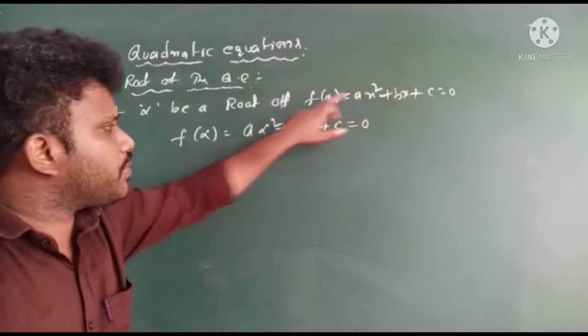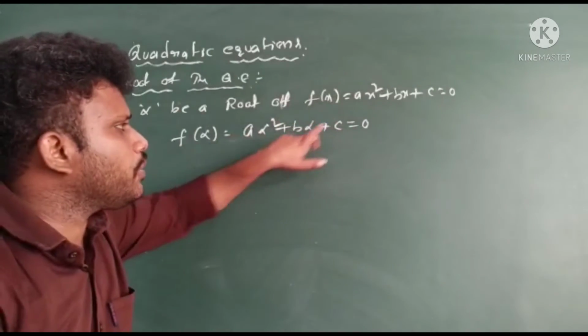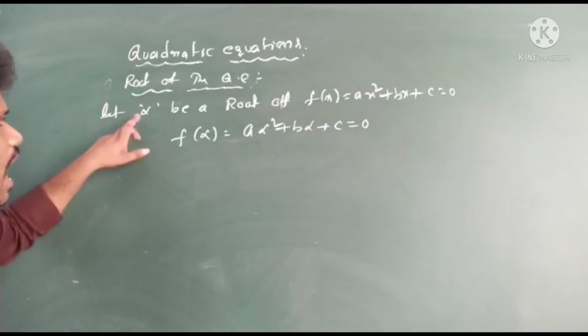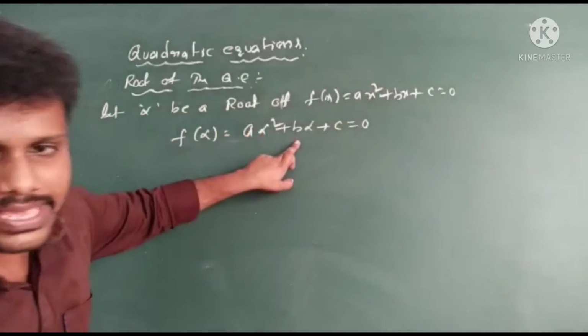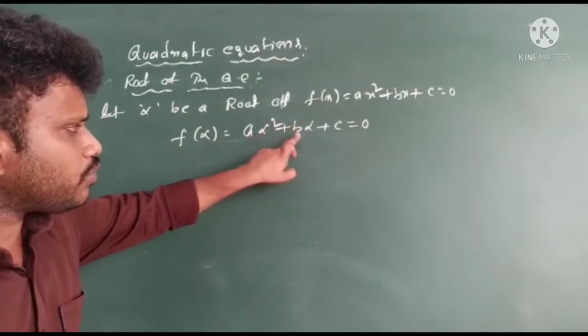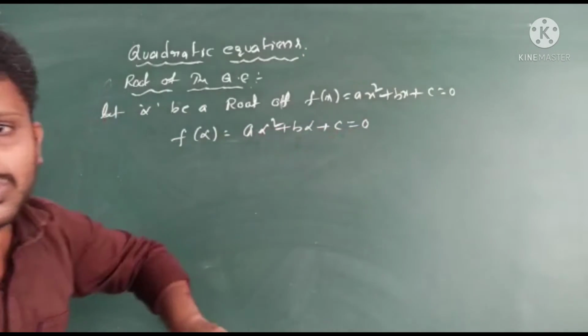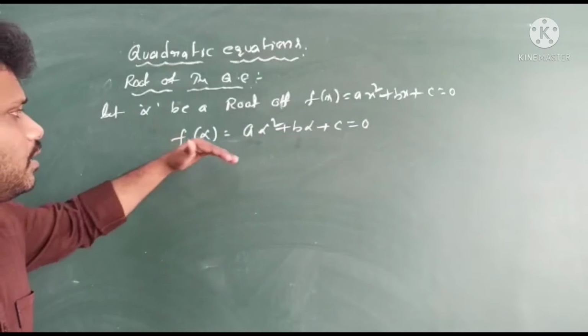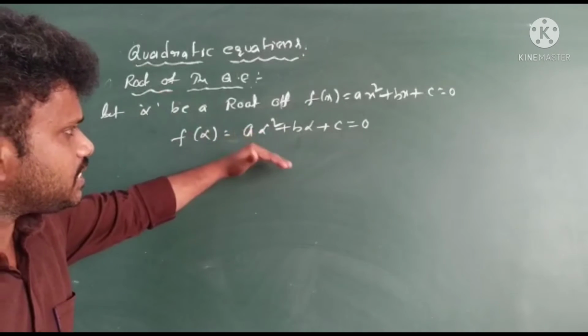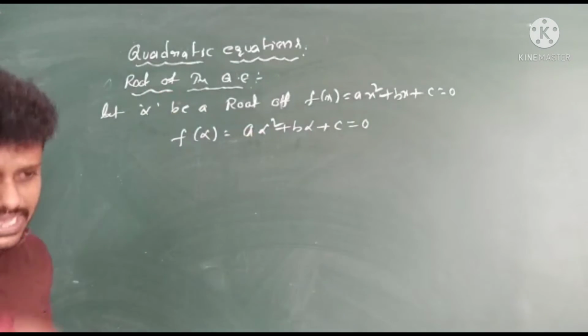In place of x, if you replace alpha, this total value is going to be 0. Then we can say that alpha is the 0 of this quadratic equation, and alpha is the root of this equation.